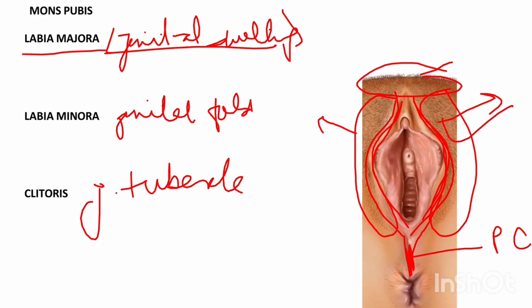Now we will discuss labia minora. This is where the hairs are not present, these two folds. I hope you are seeing.